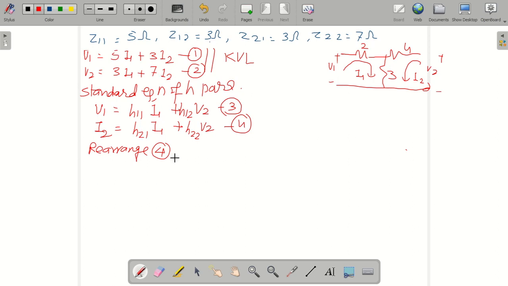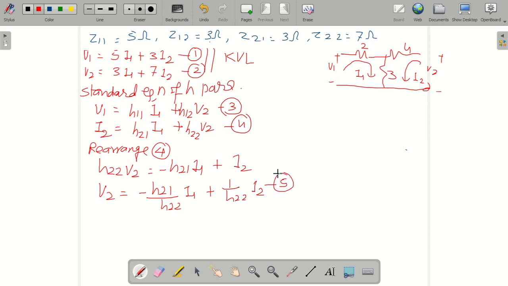So rearranging 4, H22 V2 equal to what? Minus H21 I1 plus I2. I want V2 in terms of I1, I2. So V2 equal to minus H21 upon H22 I1 plus 1 upon H22 I2, equation number 5.